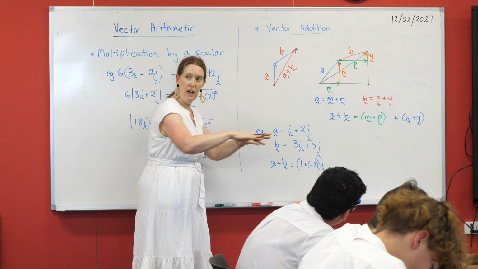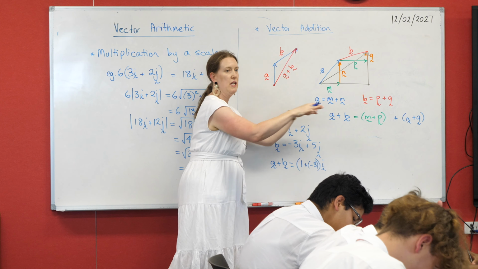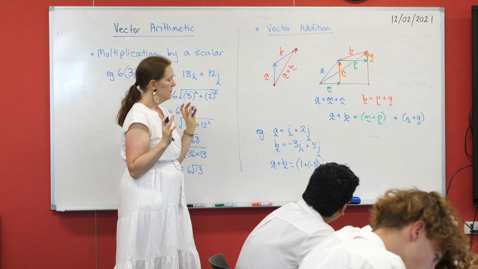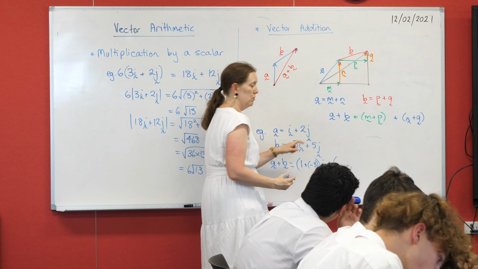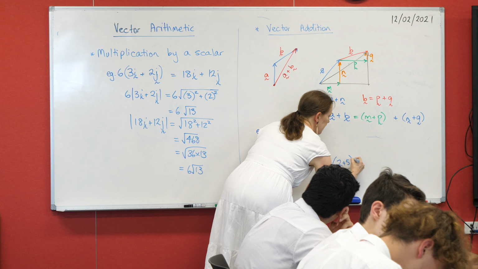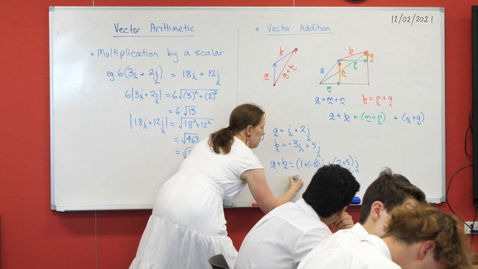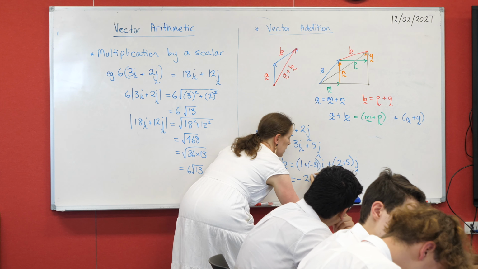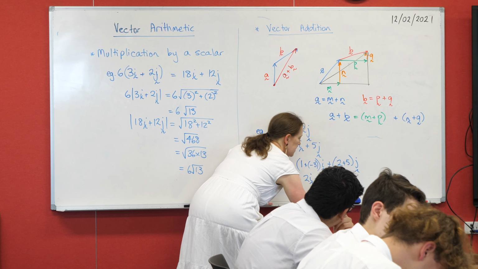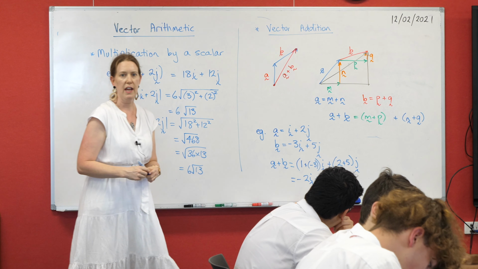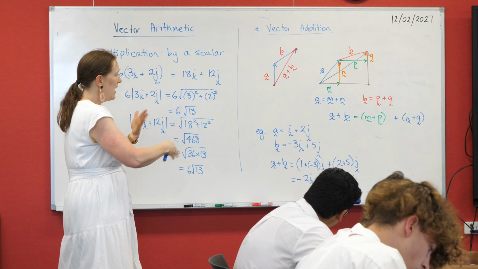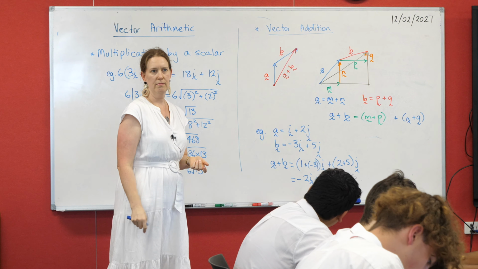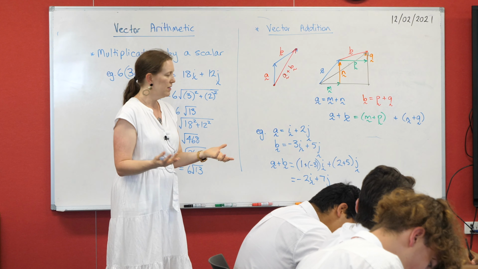They're my i directions. Heading up into our j direction, I have a 2 and a 5. So my resultant vector is minus 2i plus 7j. So I can add them this way and I can add them that way. Are we comfortable doing that? Does that seem logical? Yep.